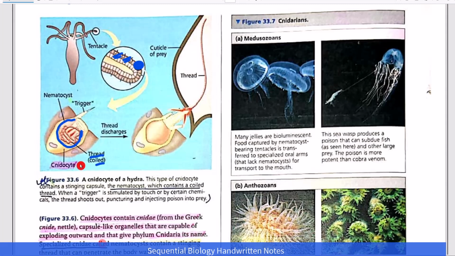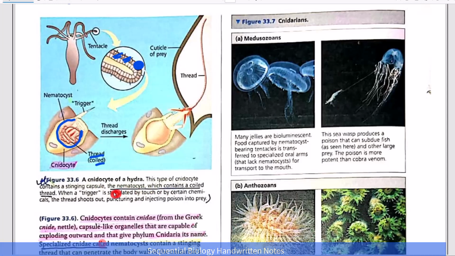The cell is known as the cnidocyte or cnidoblast cell, and the nematocyst is the capsule present inside this cell.